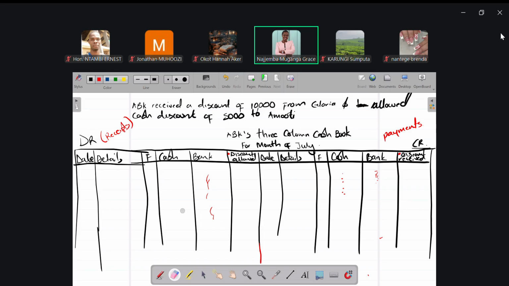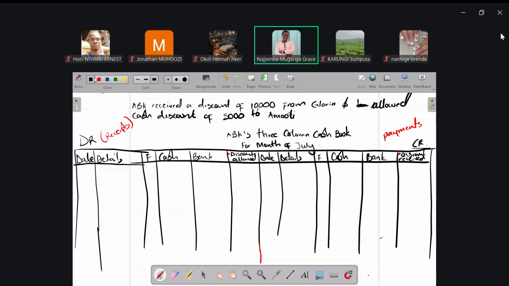I also said that in accounting, whenever you open up this ledger account, first of all, you need to determine, did we have any opening balances? With opening balances, I mean when the year closes, what you have closed with is what we call the closing balance, and you normally start with that for the new period.